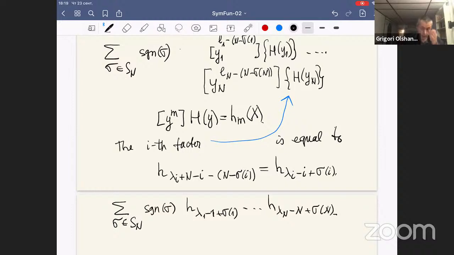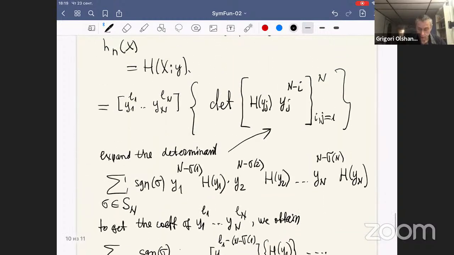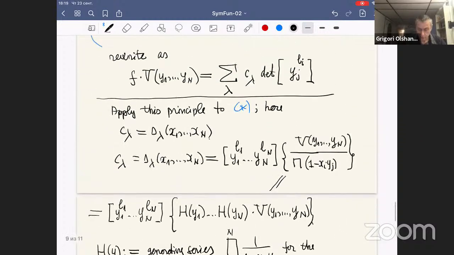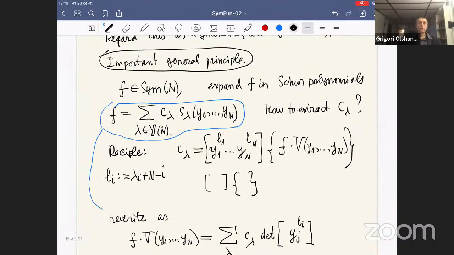And this is exactly our determinant. Okay. So I recall what we need to memorize actually is this general principle.